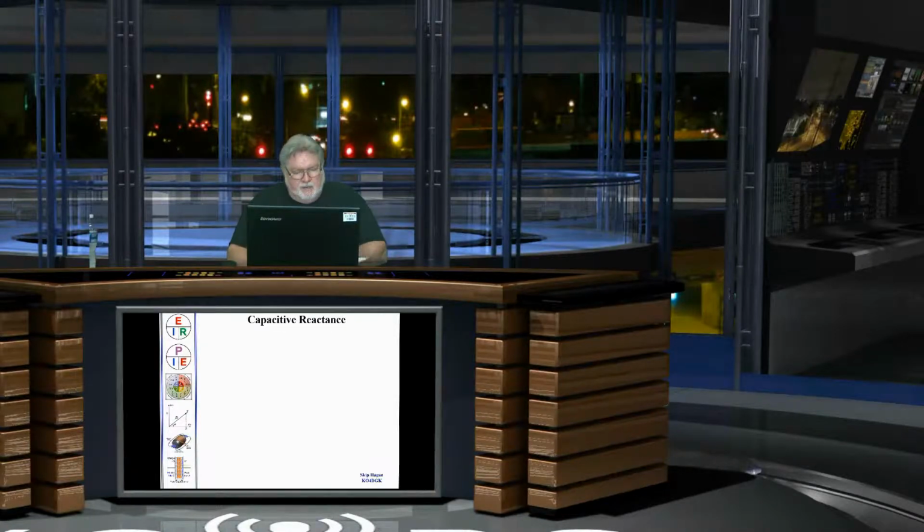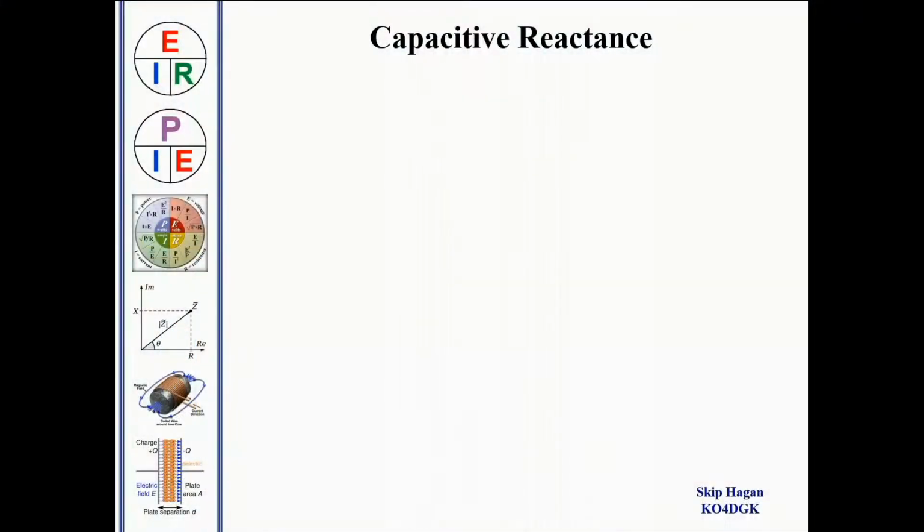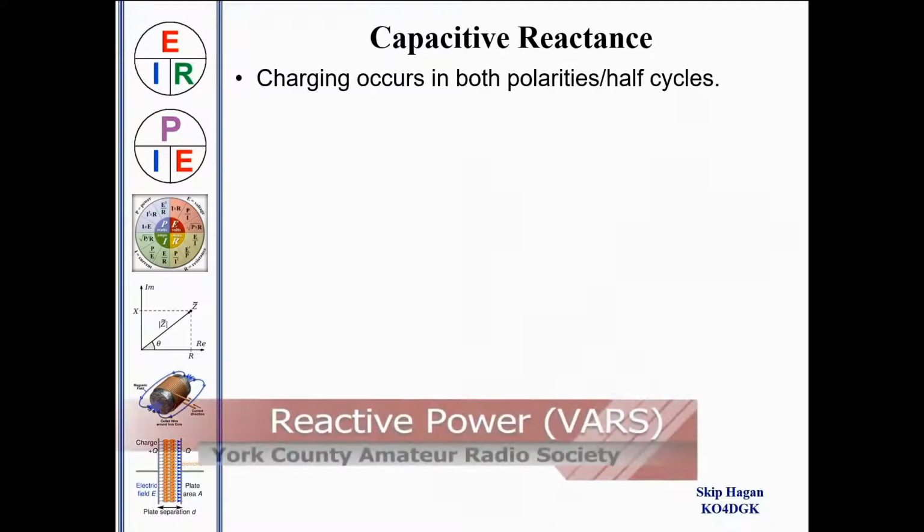So how does reactance come into play with our capacitor? Well, first of all, charging of a capacitor happens in both directions, positive and negative. So it charges in both directions.